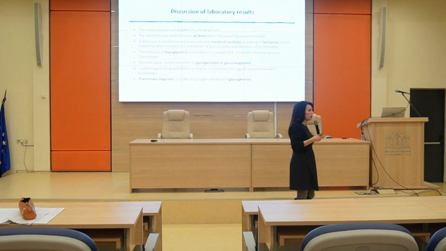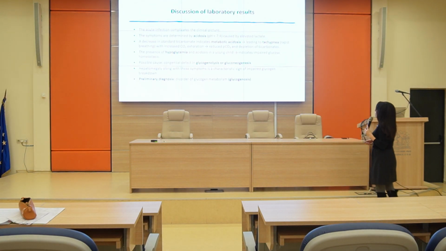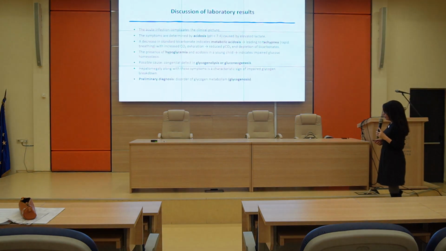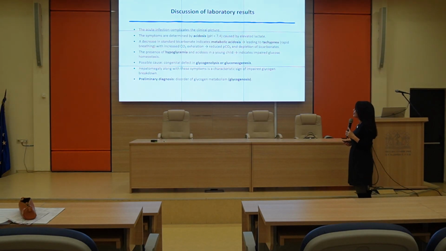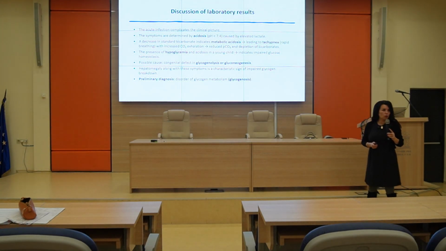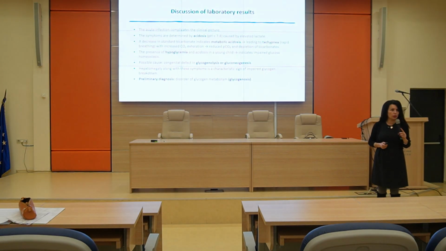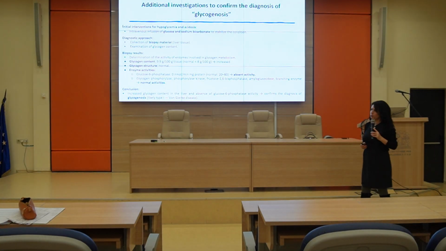That's why the reasons can be in both of the processes. These are the possible causes. Hepatomegaly, along with these symptoms, is a characteristic sign of impaired glycogen breakdown, which means the initial diagnosis is glycogen storage disease. But the question is, which enzyme is defective?